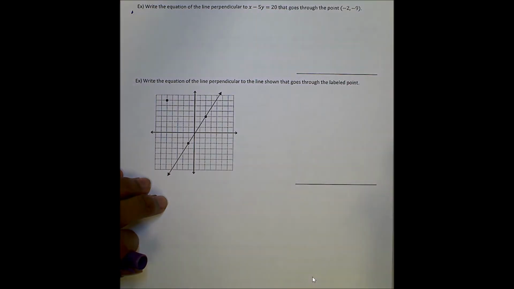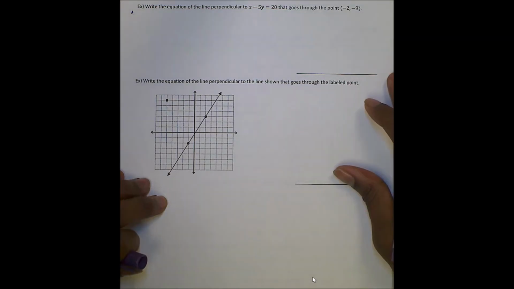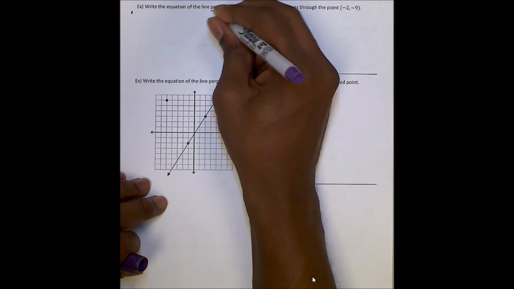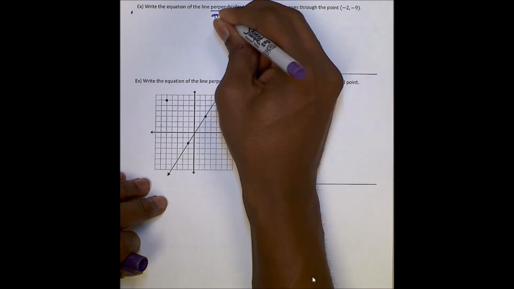Alright, so here we go. At the top of this worksheet, we have the instructions that say write the equation of the line perpendicular to x minus 5y equals 20. That goes to the point -2, 9. Perpendicular, remember, to us that means opposite reciprocal slopes. So, we need to know the slope of this original line.